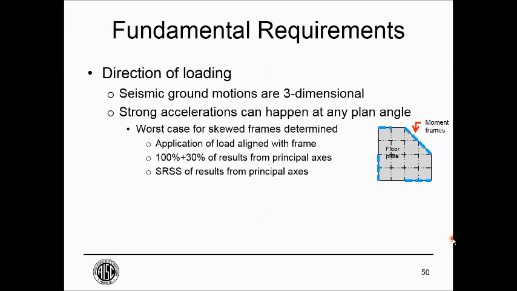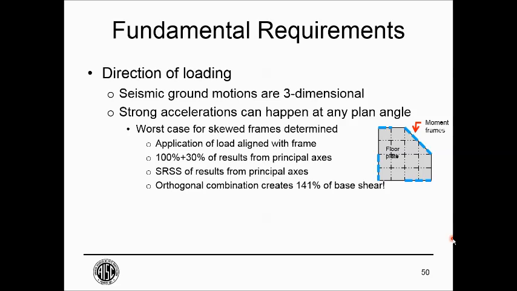Now, if you're taking either of these approaches, 100% and 30% or the square root of the sum of the squares, you are effectively creating something larger than the base shear. So for square root of the sum of the squares, that might be 140% of the base shear. That means that anything that's collecting all of the base shear, for example, if you were collecting all of the base shear in a foundation system and using all of your piles to resist it, you should reduce that back down to 100% of your design base shear, not this orthogonal combination.